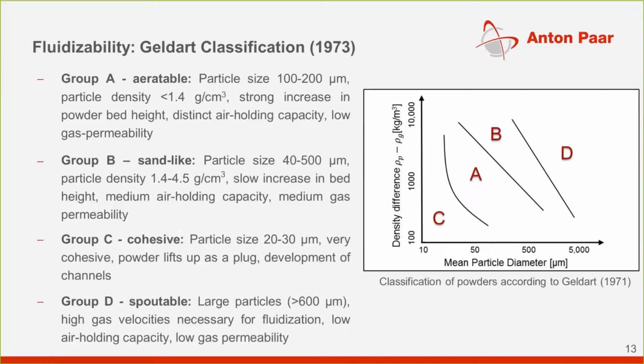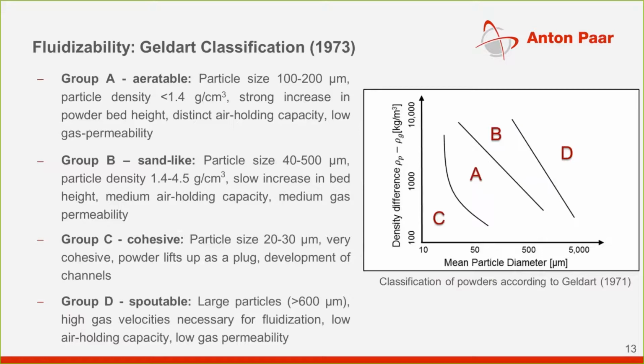And when these powders are fluidized, they show a strong increase in the powder bed height, and they also show a very large or good air holding capacity, which means that the air remains quite long in the sample once it has been fluidized. On the other hand, they show a very low gas permeability, so it's difficult for gas to pass through the sample. An example for this might be aluminum.